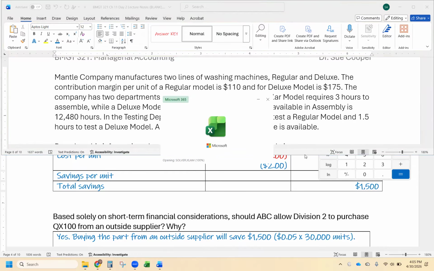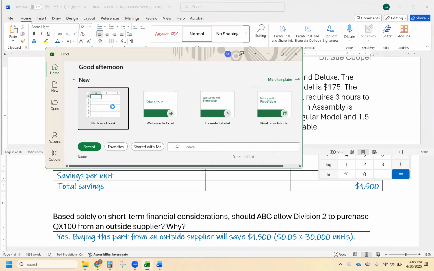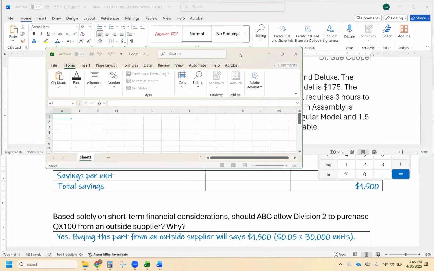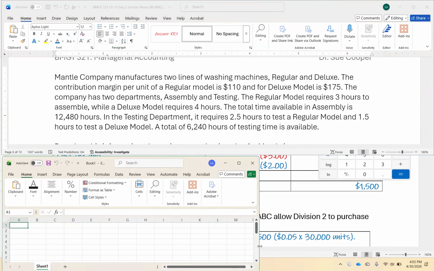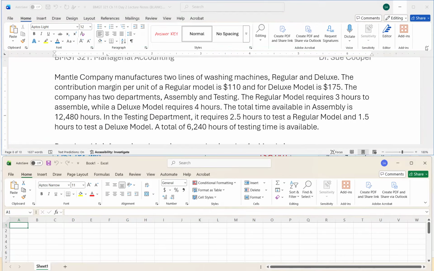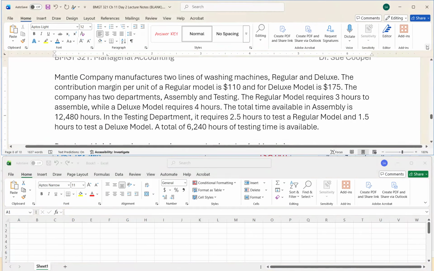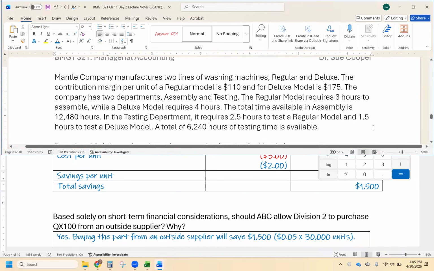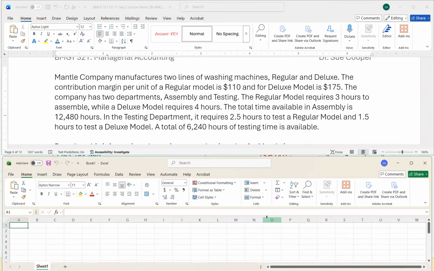The contribution margin per unit of a regular model is 110, and the contribution margin for the deluxe model is 175. Don't always show the ribbon. Well, I can't get it to go away. Fine, I'll do it side by side.